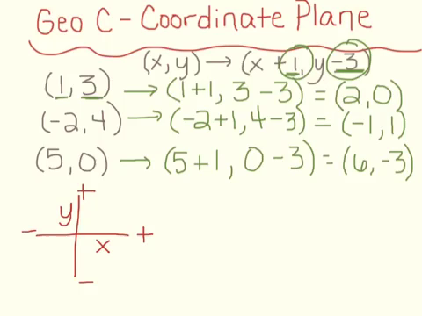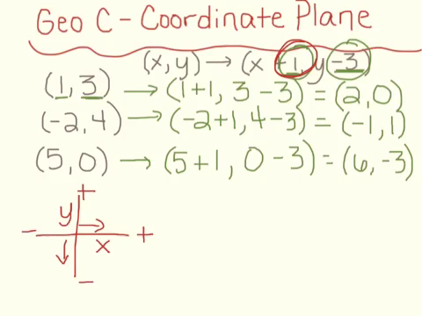So if I want to do a +1 on the x-axis, that's going to be 1 in this direction, so that would be 1 to the right. And then -3 would be 3 in this direction. It's a -3, so you would move down.